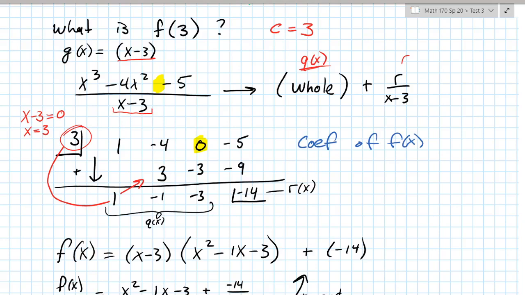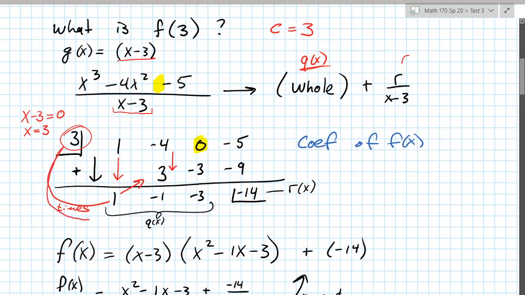The way this works is we move from top to bottom. The 1 comes straight down, and then we take 3 times 1 to give us 3. Then we add negative 4 plus 3, which is negative 1.